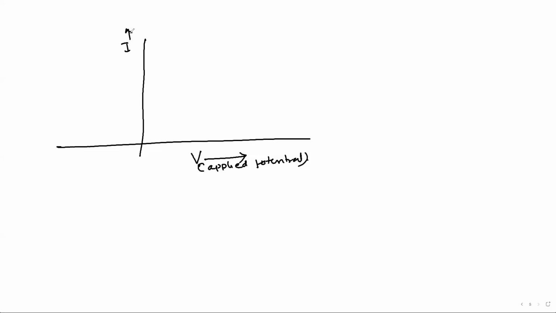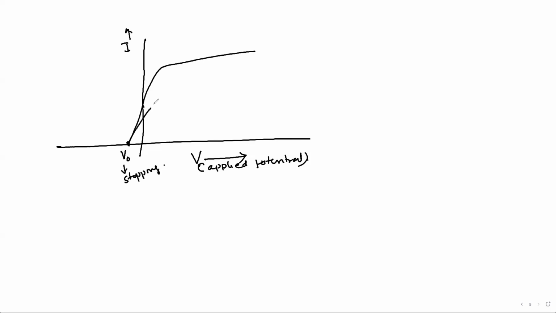Now, how do you get the graph? At some potential, the current will increase and reach saturation. And if I extend this, here I get some negative potential. This potential is nothing but the stopping potential.